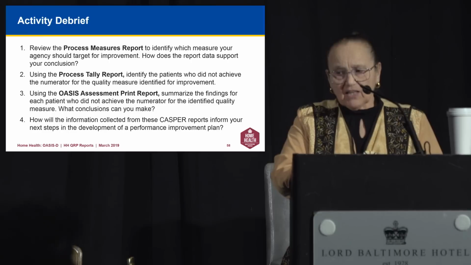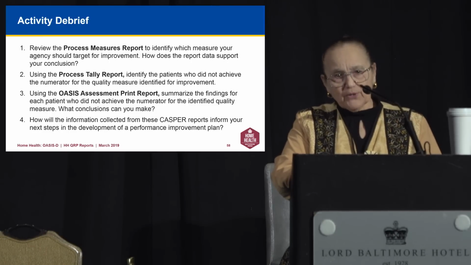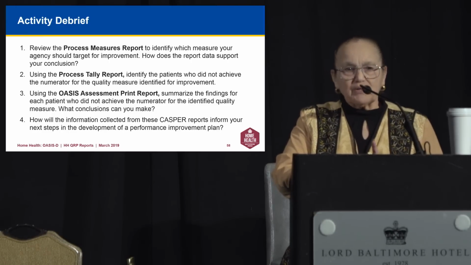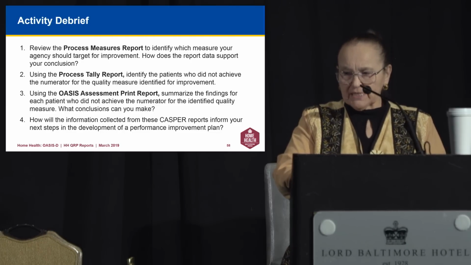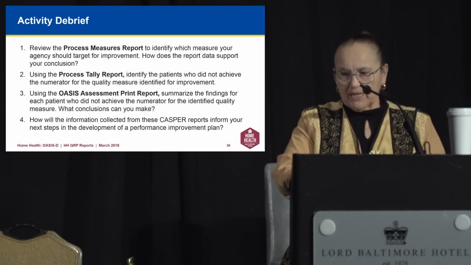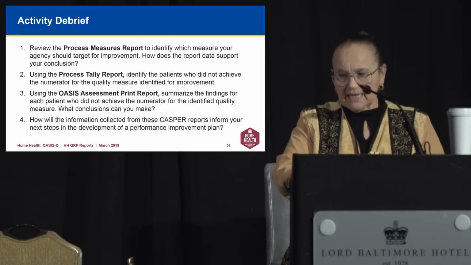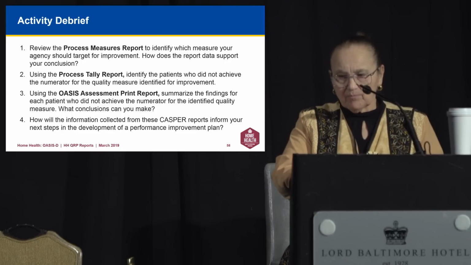I'm going to leave this slide up. This is what you're going to be working on. Review the process measures report to identify which measure your agency should target for improvement, and how the data supports that conclusion.